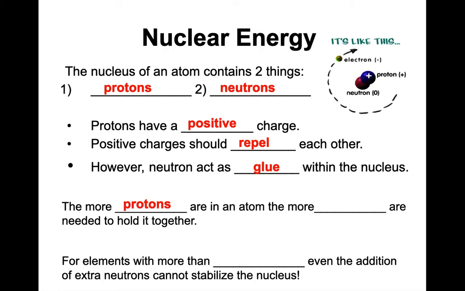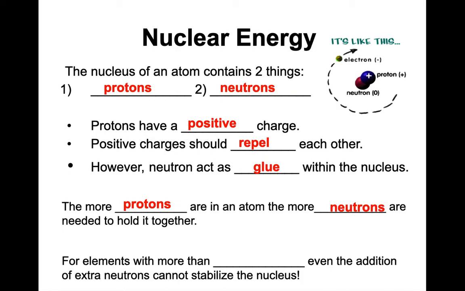So the more protons you have in the nucleus of an atom, the more neutrons you need to hold it all together. If you look at elements higher up in the periodic table, you don't find elements with many protons but few neutrons. Usually the number of neutrons is equal to or greater than the number of protons.